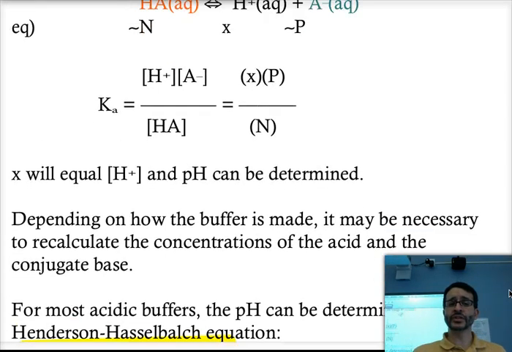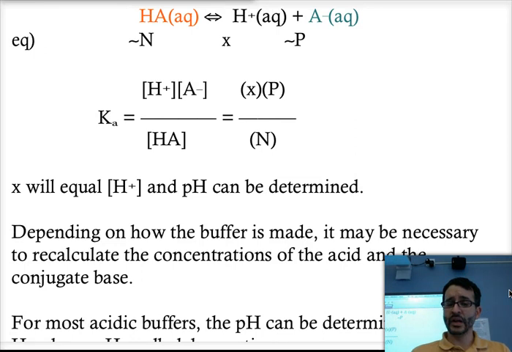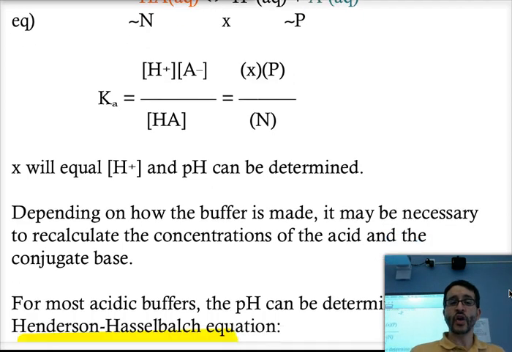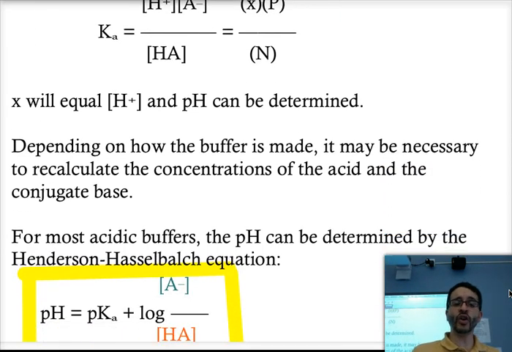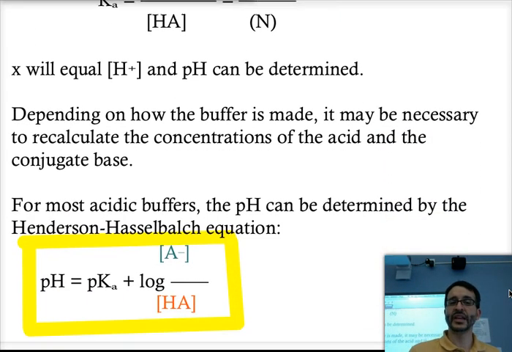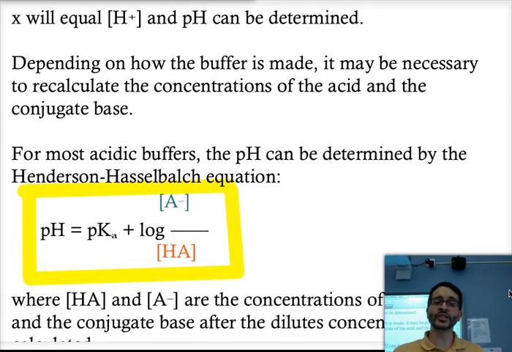because most buffers do use a value of Ka that is very small, we can use the approximation, we can simplify all of this into what is called the Henderson-Hasselbalch equation. Now the Henderson-Hasselbalch equation is not, unfortunately, in your data booklet. It is the most important equation for acids and bases, and yet you look at your data booklet and it's not present.